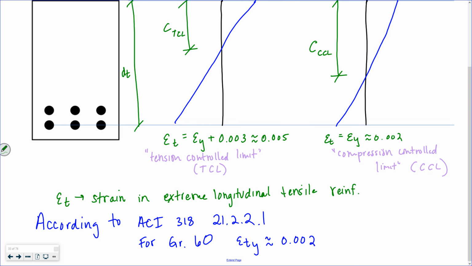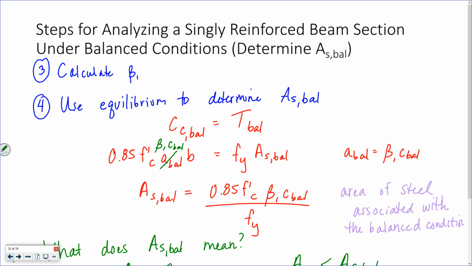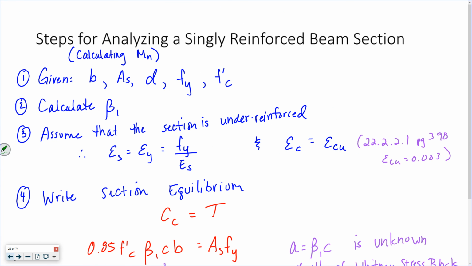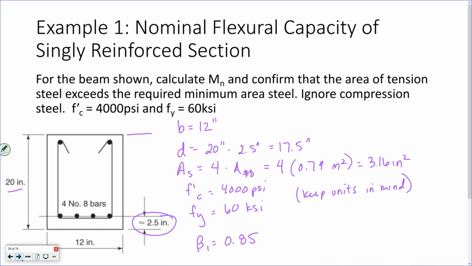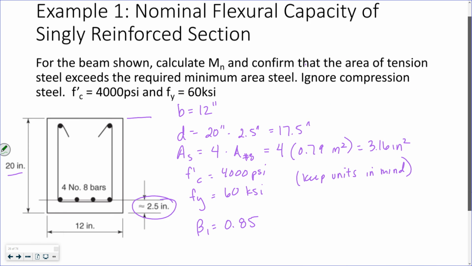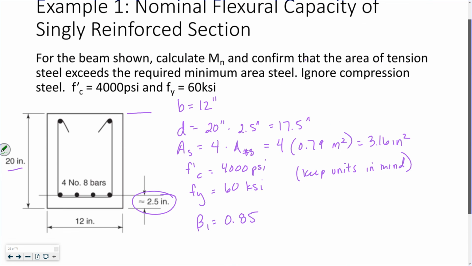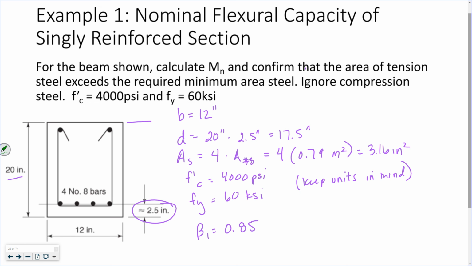So based on that, let's go back to some of those examples that we've done and determine what would have been the phi factor here.